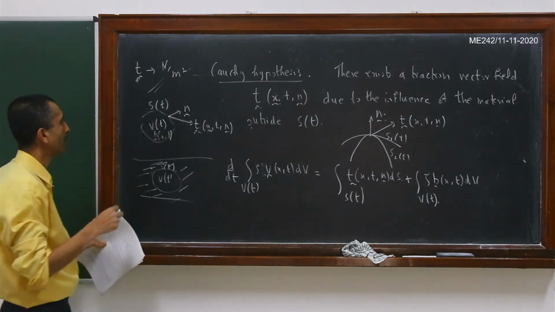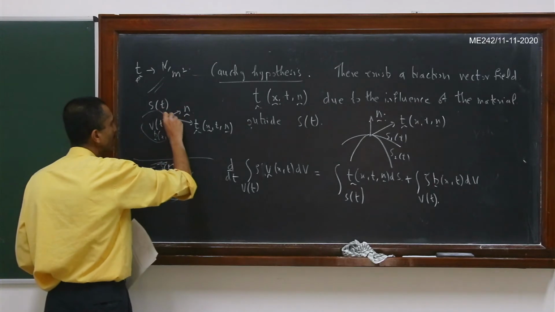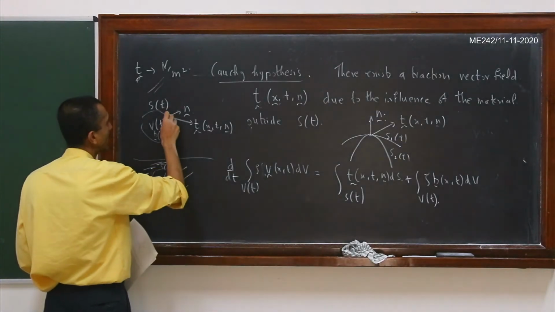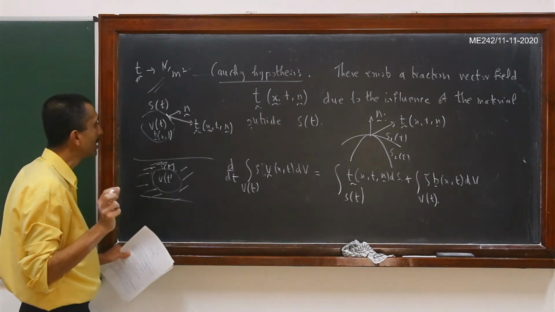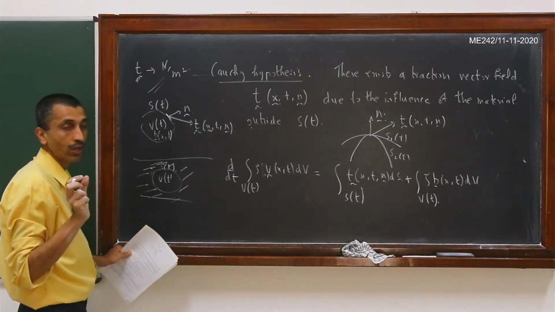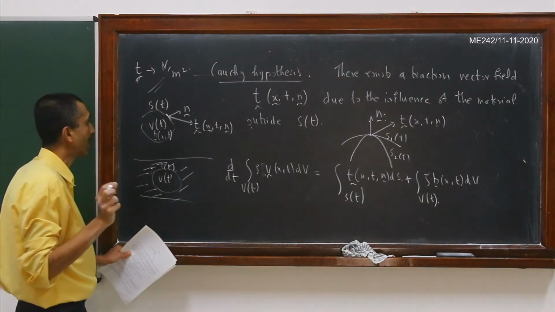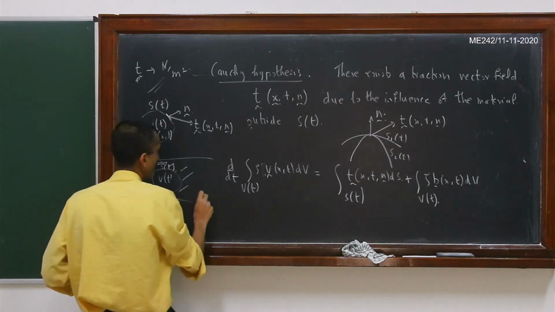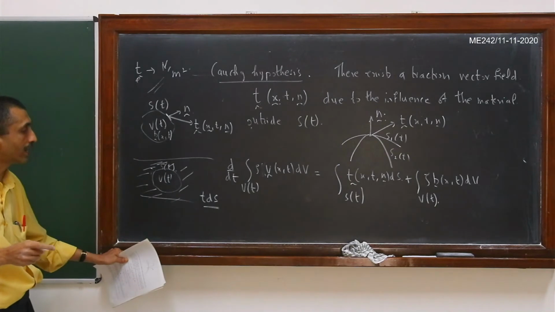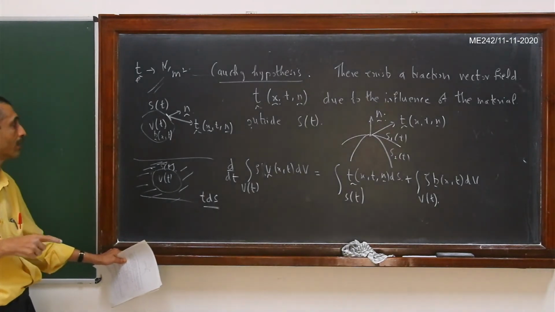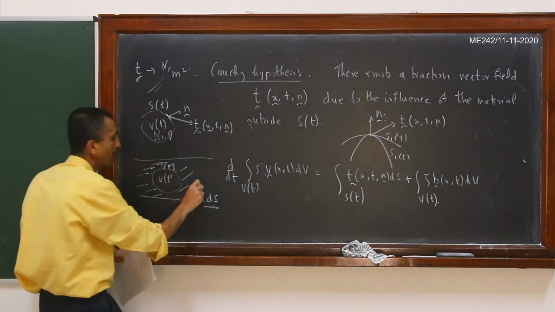So basically, you will see that T times dS. Suppose dS is the element of area, then T times dS will be the total surface force that is acting on an element of area dS. And then to get the total force over the entire surface, we just simply integrate it, right?